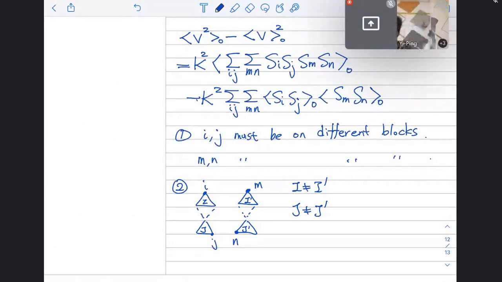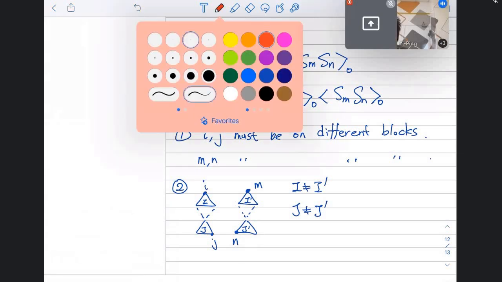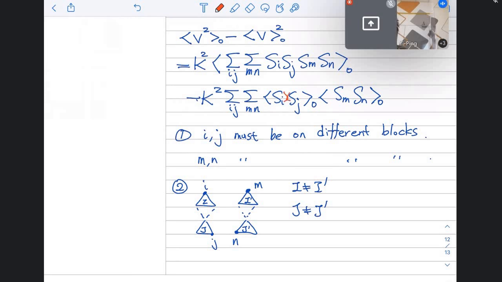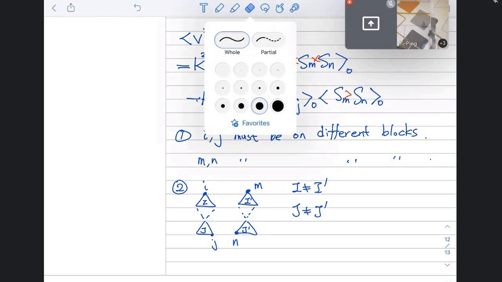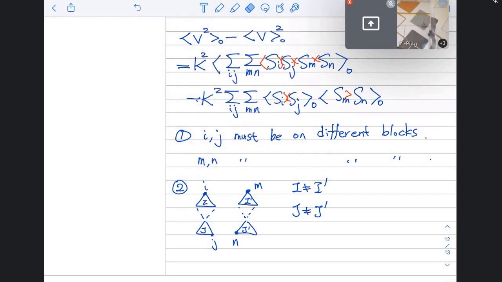Okay. And if it is so, then we are able to use the fact that H0 decouples the triangles. So basically, we can factorize everything. Then everything is just factorized. But if that happened, it means that everything kills itself by definition, because you can notice the first term and the second term basically look exactly the same.